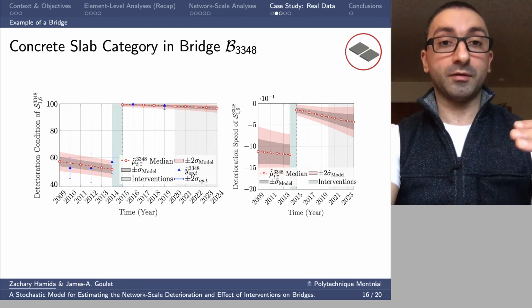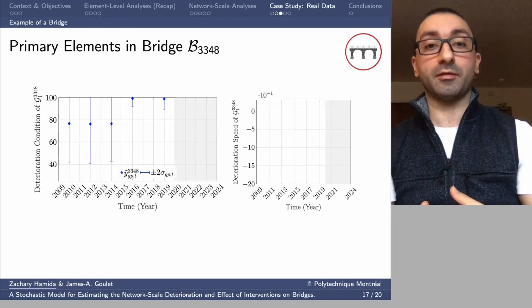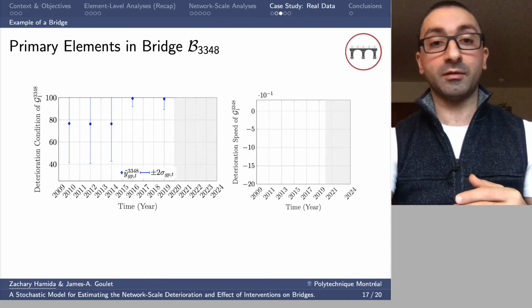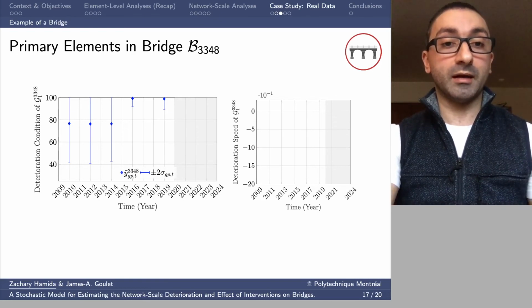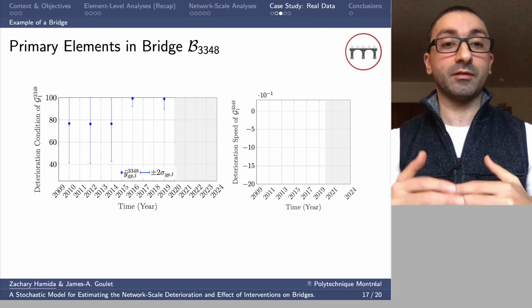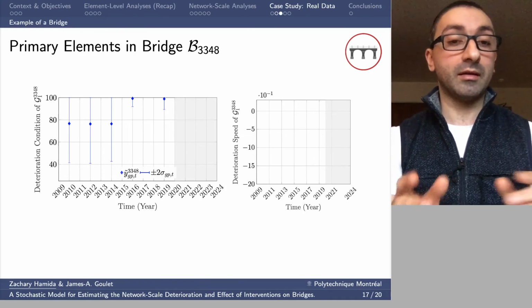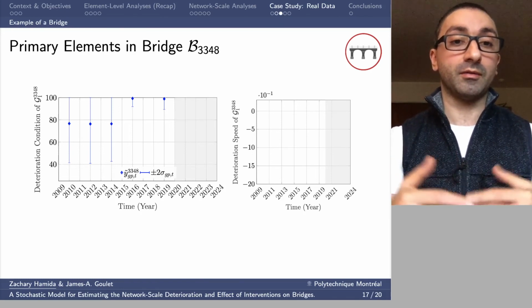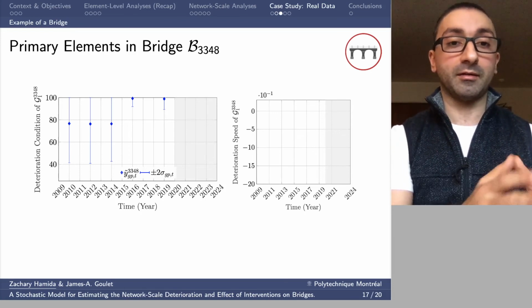If we want to go further and look at all the primary elements, or all the elements that are responsible for the safety of the bridge, we have the observations represented by the blue diamonds, as we see here, and the uncertainty. These are the aggregated observations for all the elements within the bridge, and these elements are responsible for the structural safety, such as an aggregation of all the beams and slabs and so on.